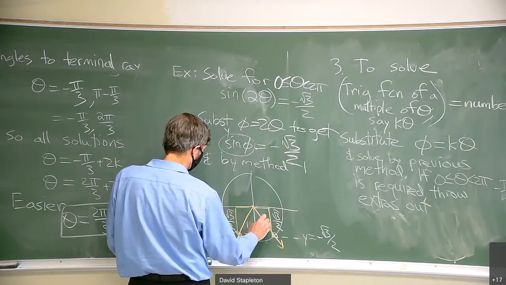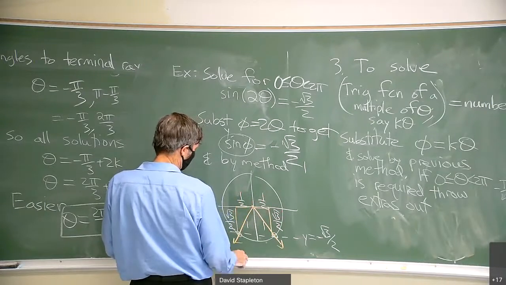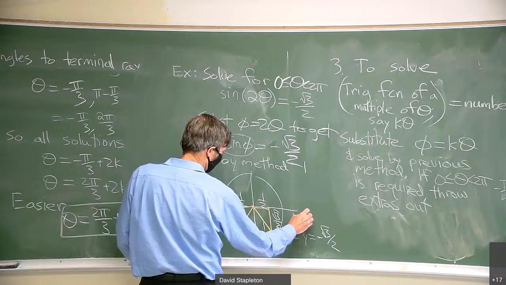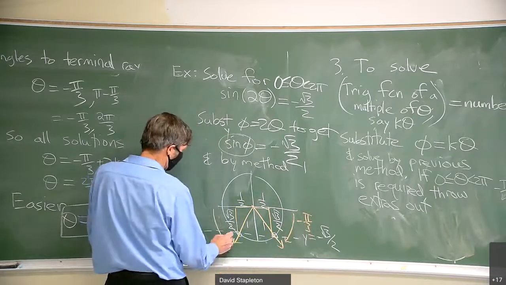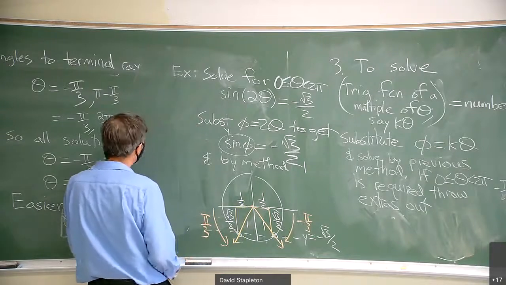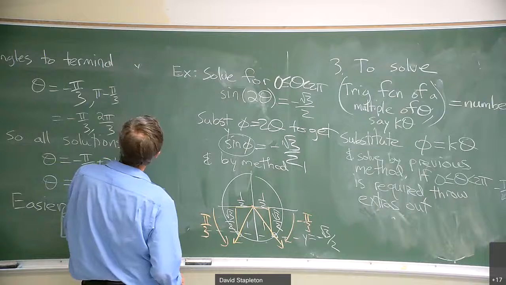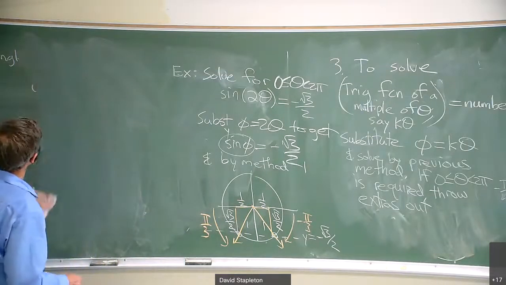Since it's a unit circle with radius 1, that leaves this side to be a half, by the Pythagorean theorem. It means that this angle here must be minus pi over 3, minus 60 degrees, and this angle here must be plus 60 degrees. Once again, I'm using method 1: I can find an angle to each terminal ray and then add 2k pi to each.